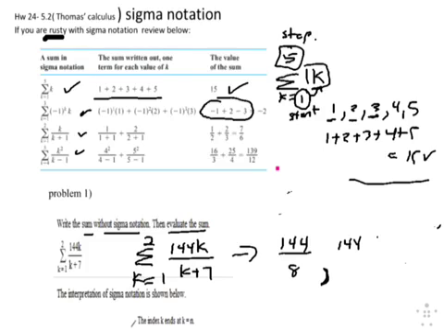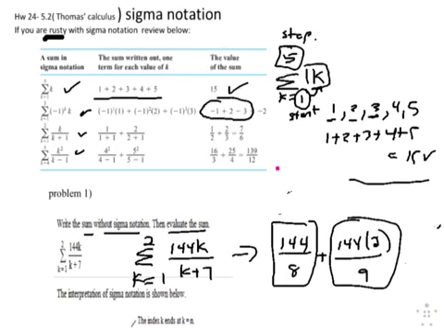144 times 2 over 2 plus 7, which is 9, whatever that may be, then you're eventually going to add those two things together. So you'll take this plus this and add it together. I'll hit pause as we crunch that out. You can crunch it out in the calculator.